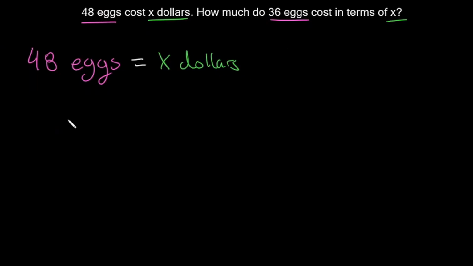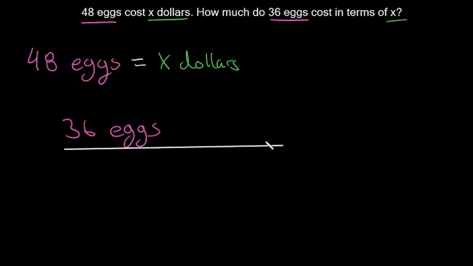So now we need to solve for the cost of 36 eggs. So we need to do one conversion, so let's set that up, and then what is our conversion factor? Well, we're going to have 48 eggs, and we know that's equal to X dollars.